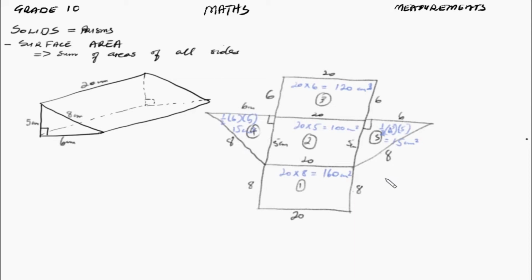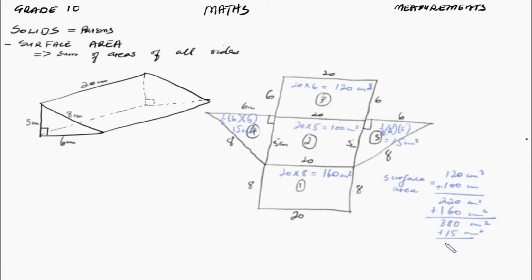Now the total surface area would be equal to 120 centimeters squared plus 100 centimeters squared, which is 220 centimeters squared, plus 160 centimeters squared, which gives us 380 centimeters squared, then plus 15 centimeters squared.